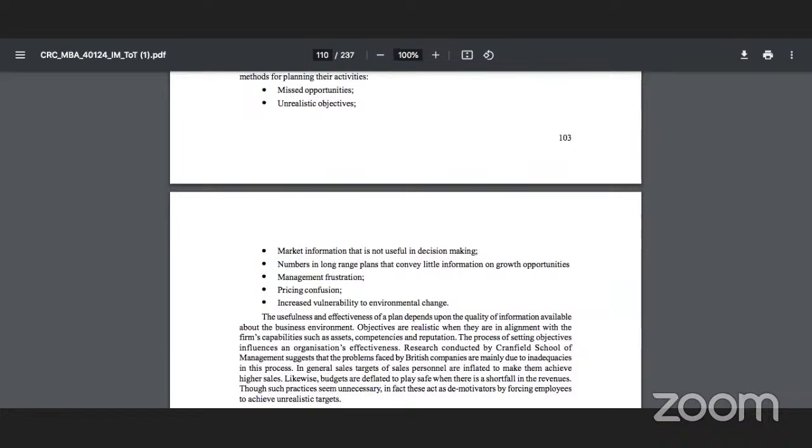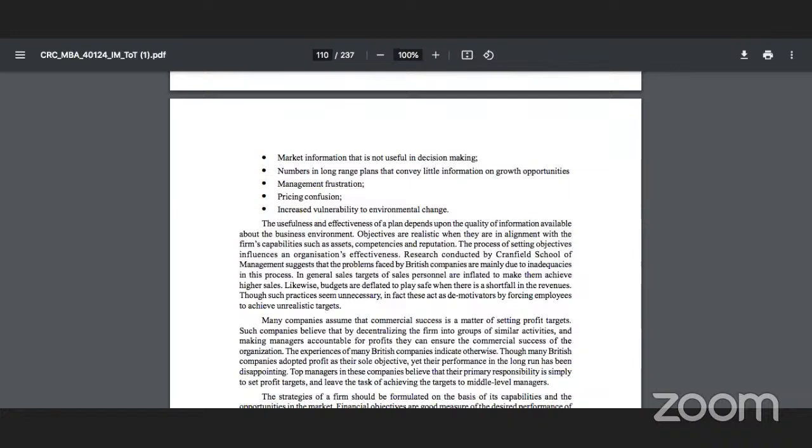Market information that is not useful in decision making, numbers in long range plans that convey little information to the customer and to the company as well in terms of growth opportunities, management frustration in terms of entering a new market, pricing confusion between domestic and international pricing, because we often see that this is a variable component for most companies.